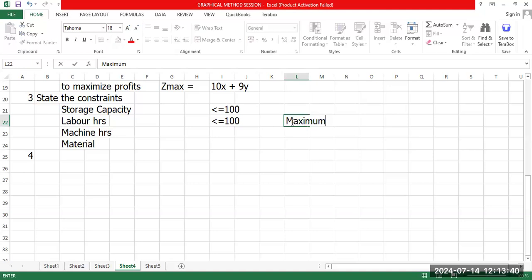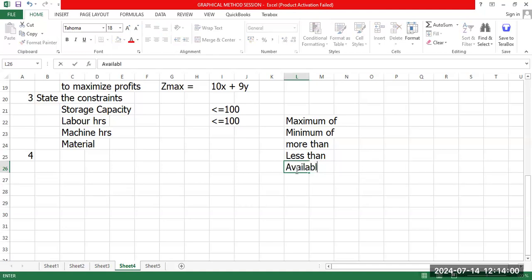If they say maximum of, if they say minimum of, if they say more than, less than, because those are the words you're going to be looking for in the question.